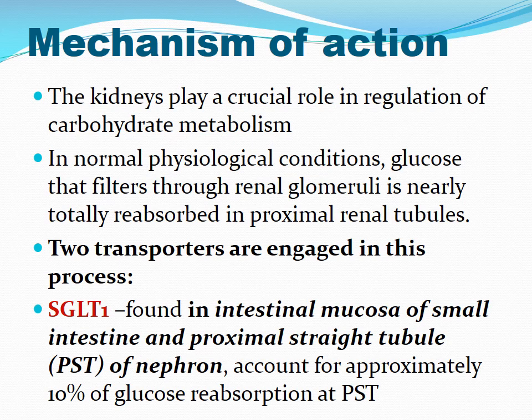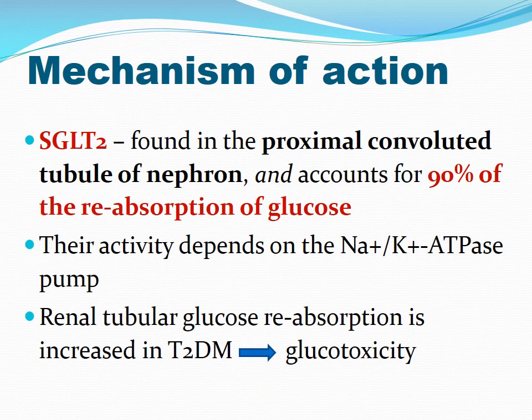SGLT1 is found in the intestinal mucosa of the small intestine and the proximal straight tubule of the nephron, and it accounts for approximately 10% of glucose reabsorption at the proximal straight tubule. The second transporter is SGLT2, found in the proximal convoluted tubule of the nephron, and it accounts for about 90% of the reabsorption of glucose.